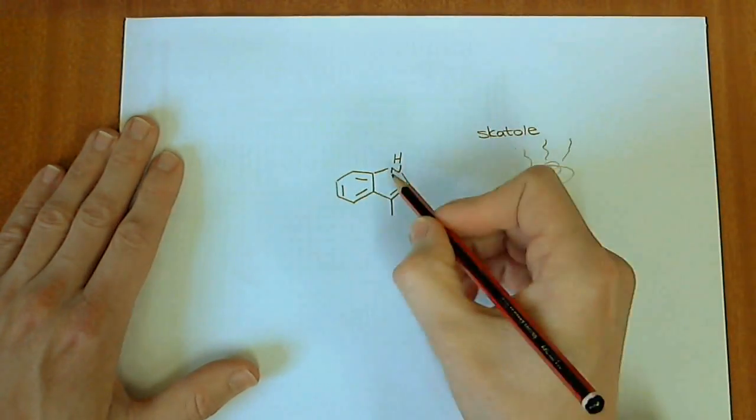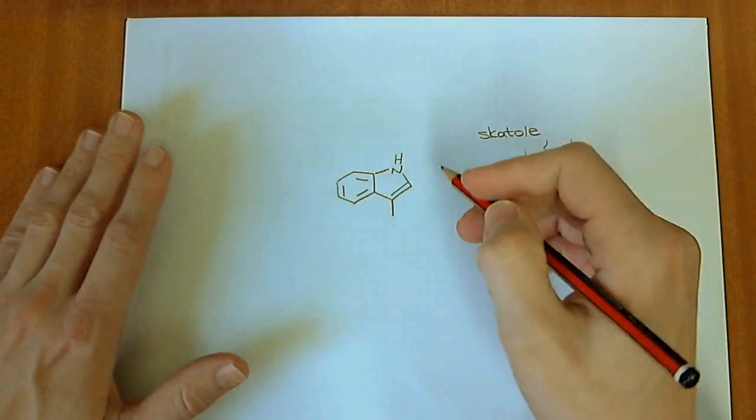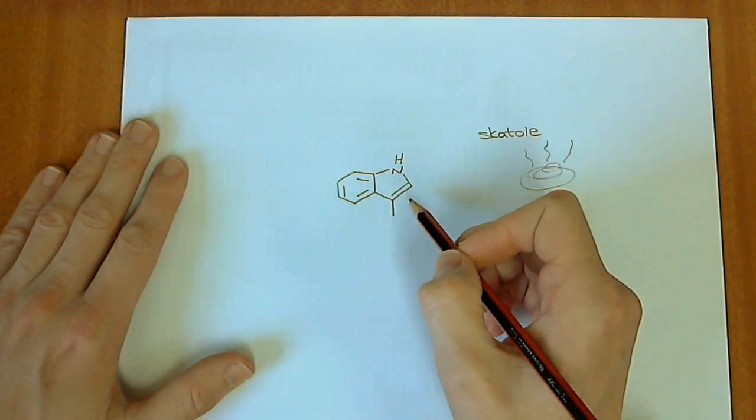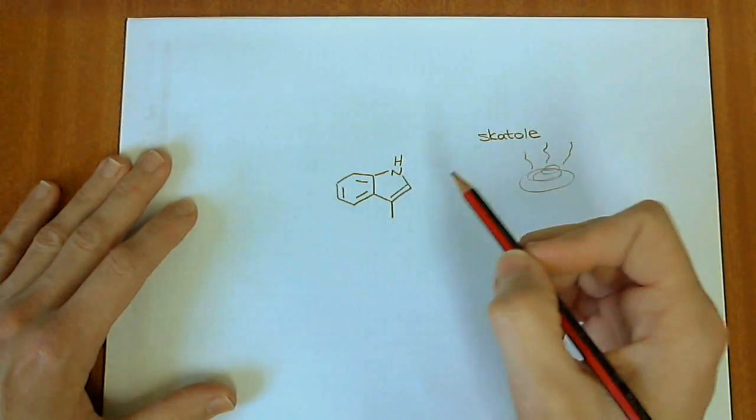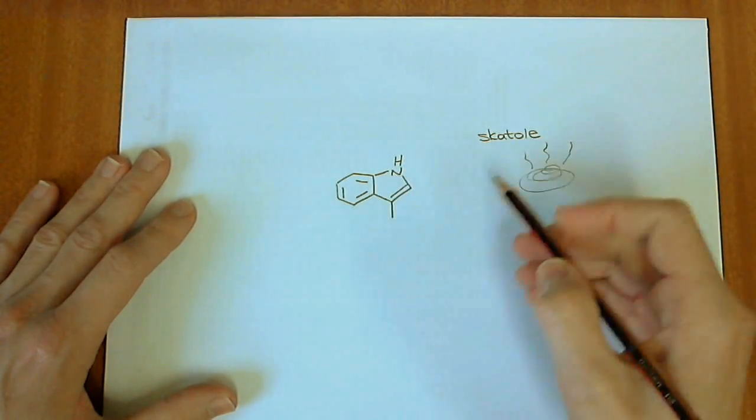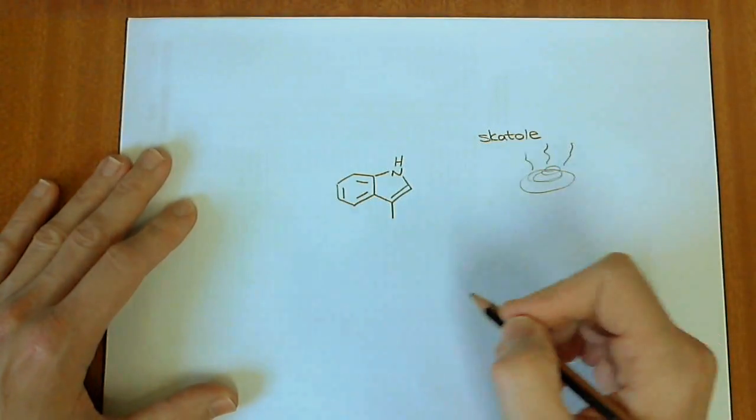It actually arises out of the decomposition, or the breakdown, of the amino acid tryptophan, which is found a lot in meat products, and so animals that eat a lot of meat have the smell of poo.